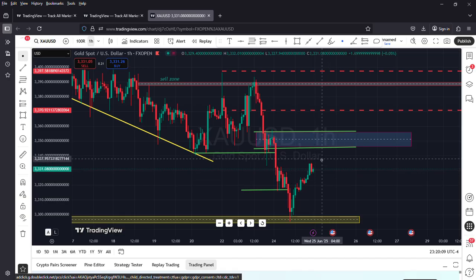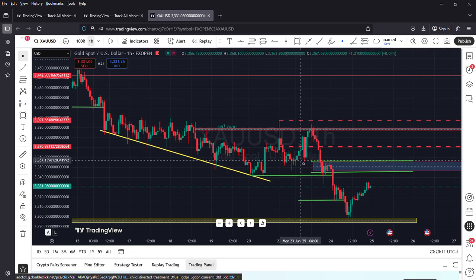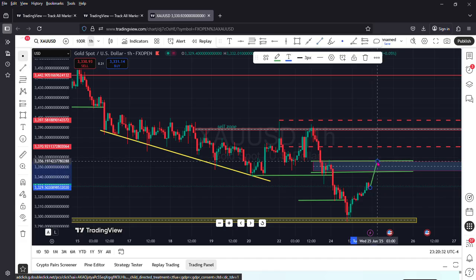That is the only thing we are seeing: for the market to come up, retest this zone and sell to the downside.